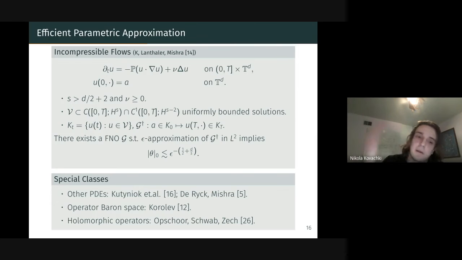Then if I set up this problem correctly so that I always get uniformly bounded solutions in time, and I consider the mappings which take some input flow and map it to the final time flow, at a fixed t, then I can prove for a particular class that the number of parameters needed does indeed go down algebraically.